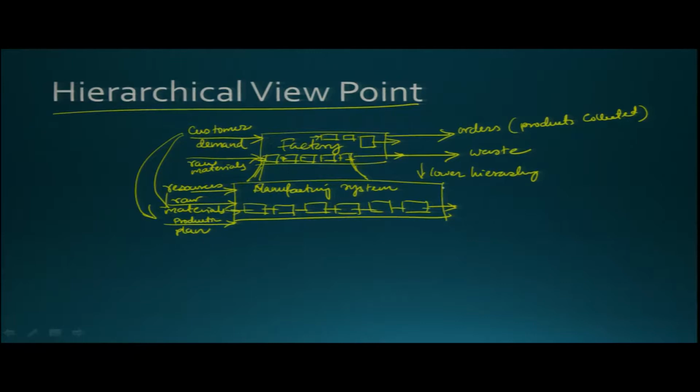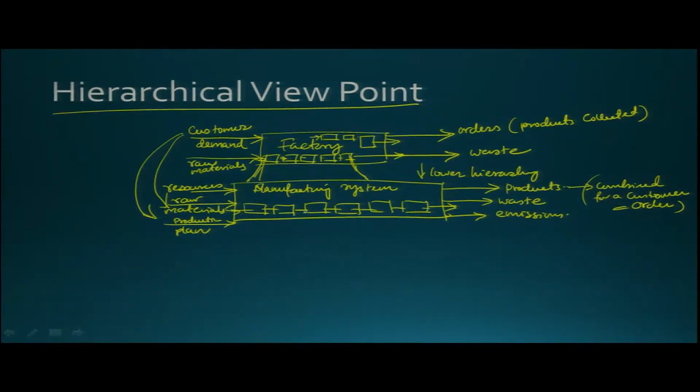From there, you get individual products. You also generate waste, and you also create emissions. When you combine all of these products for a customer, it gives you what you call an order. All the products ordered by a customer, put together and delivered to the customer, are called an order.